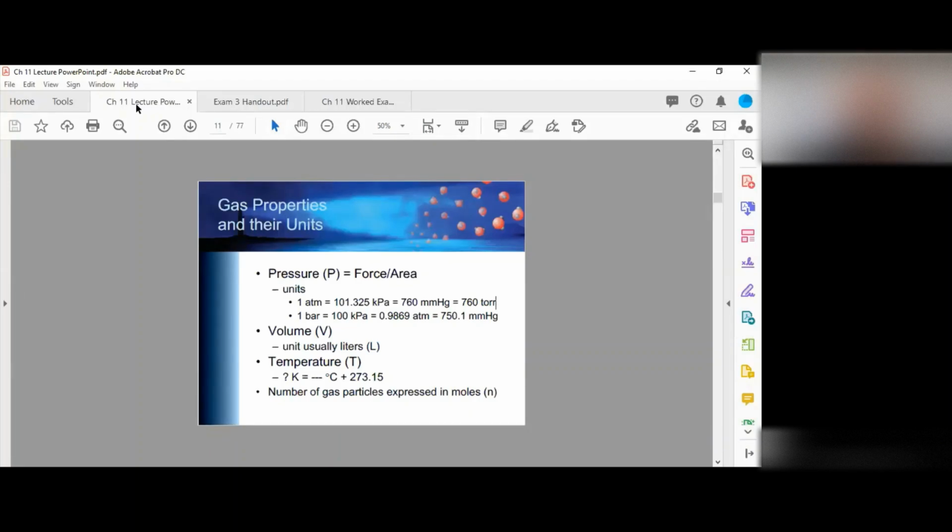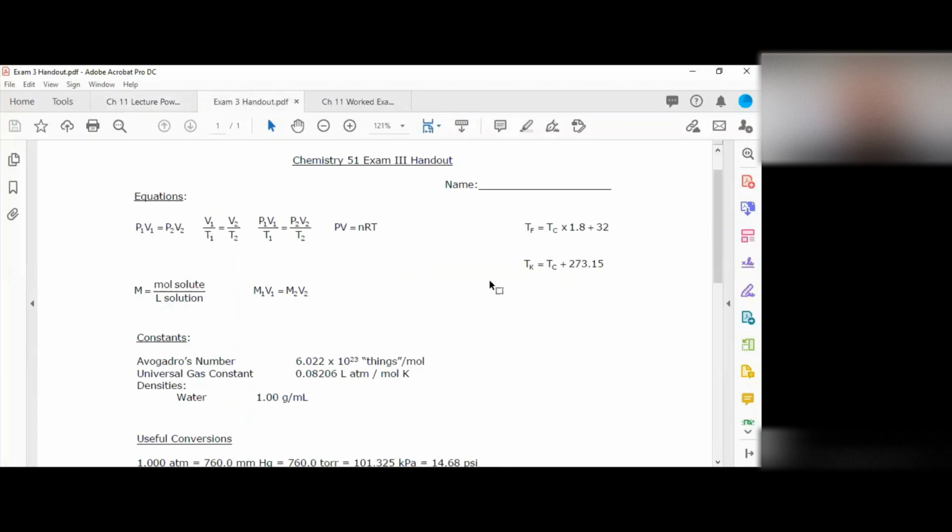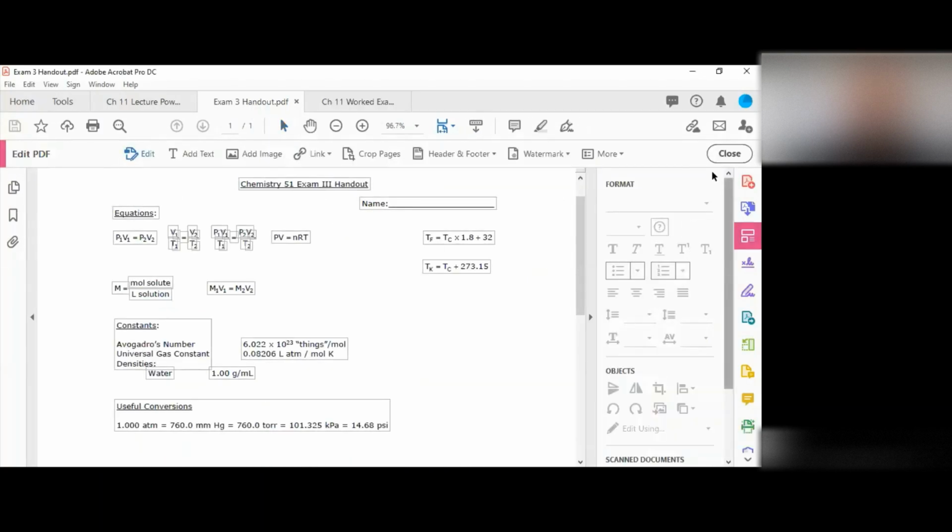So the gas laws that we're going to be going over, most of them have names of those scientists who studied those properties very extensively, and they came up with these numerical equations. If you look at the exam handout, you will see that those equations that we're going to be discussing are all listed in here.